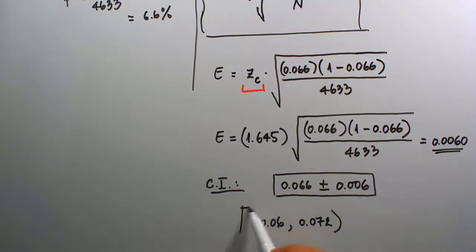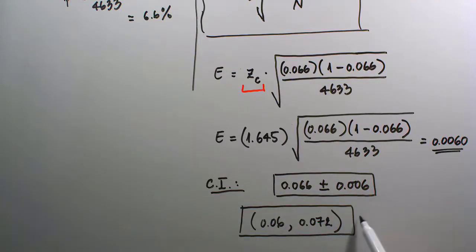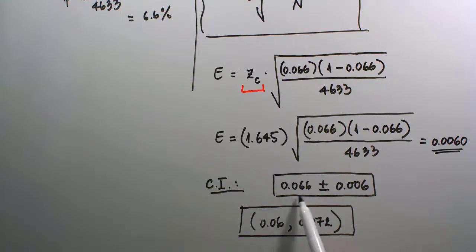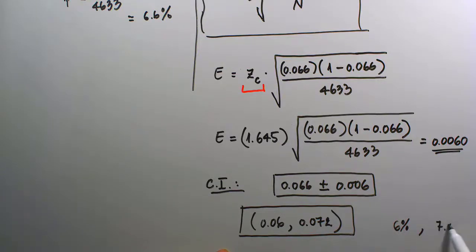It depends on the viewer's comfort with reading intervals, but if this format is more comfortable for anyone viewing the video, then you can think of it this way: according to our sample on that day, July 26, 2020, if the sample proportion was 6.6%, then the statewide proportion of COVID-19 positive on that day was anywhere from 6%, that's the low, to 7.2% among the Washington residents.